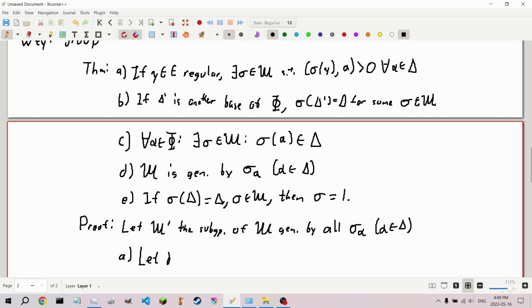Once again, we're going to let δ be 1/2 of the sum of the positive α. Keep in mind we're proving that if we have a regular vector, then there's a σ such that the form of σ of our vector on anything in the base is positive.